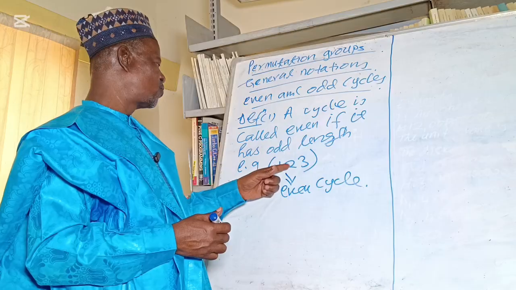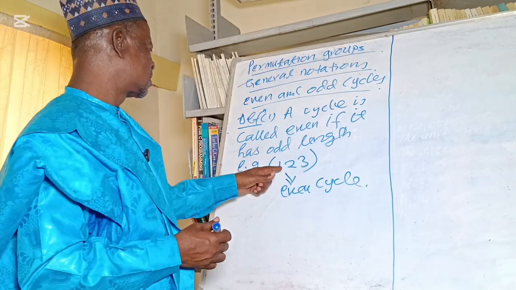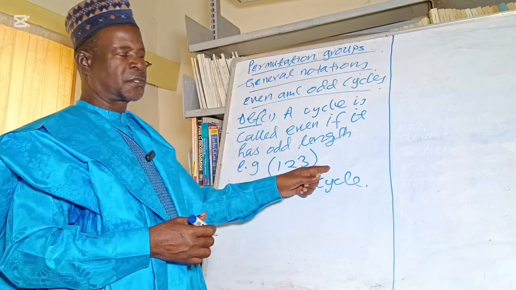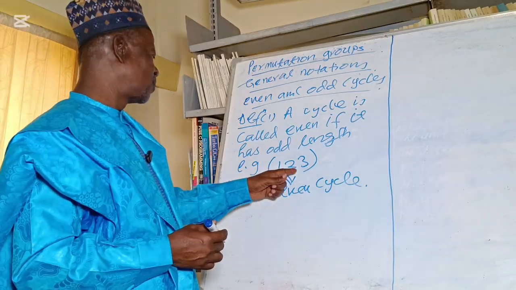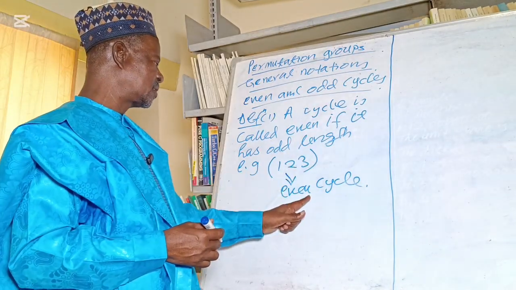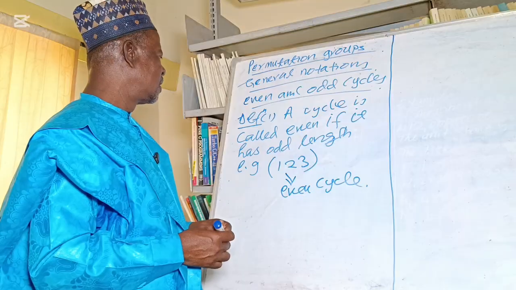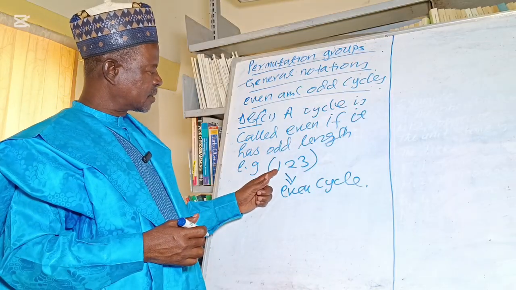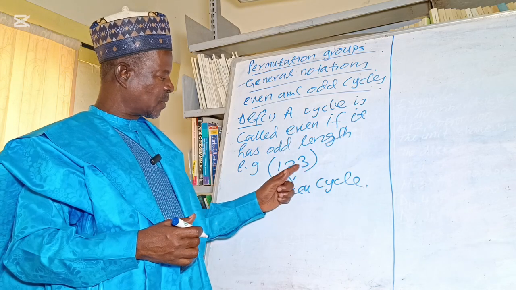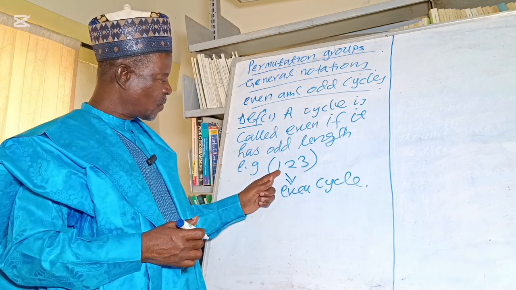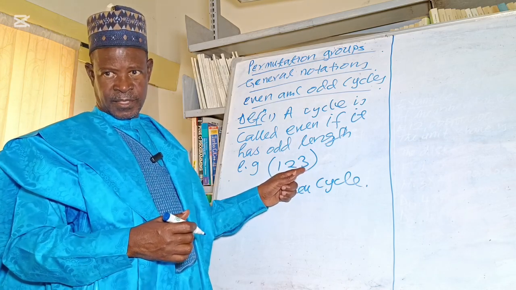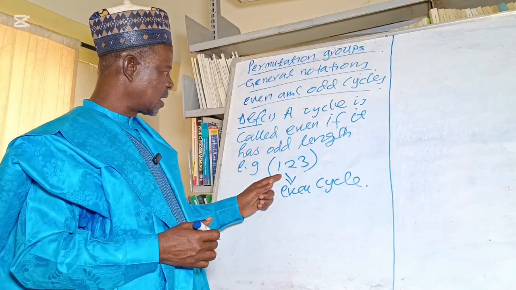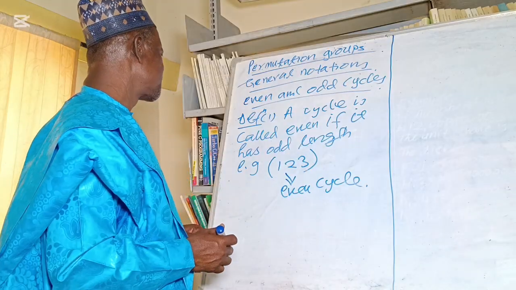So (1, 2) and (2, 3): this cycle can be written as a product of two transpositions. Because the length is odd, we define length as the number of points in a cycle. You can see the number of points here, 1, 2, 3, and this is an odd number. So since the length is odd, the cycle is actually even.